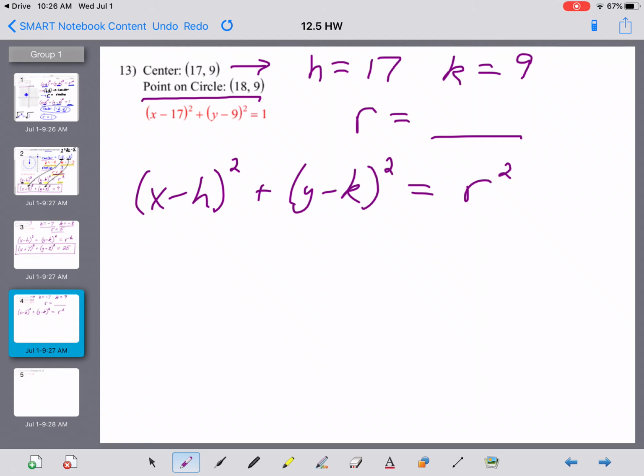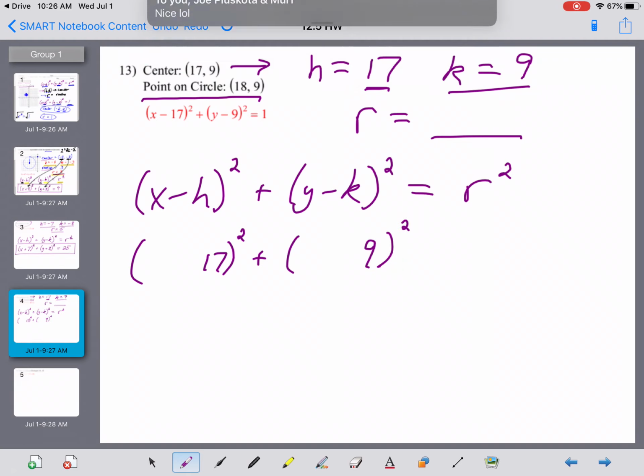Fill in what we know, guys. We know the value of h is 17. So I'm going to put a 17 here for the h squared plus the k value is 9. So that's going to be a 9 there. Close it and square it. Okay, that's where we're at, equals, and we don't know what the radius is, so that's going to remain r for now.